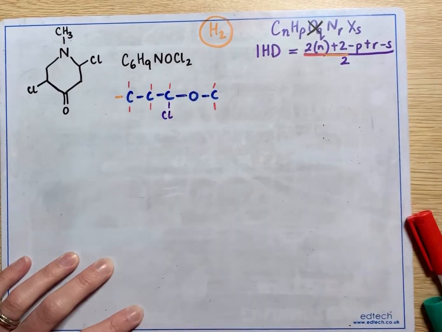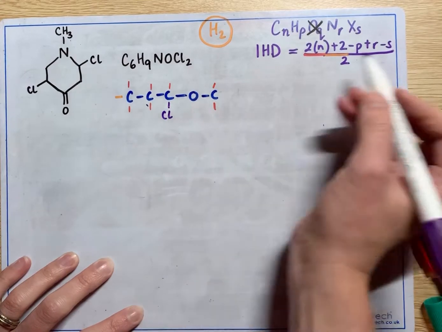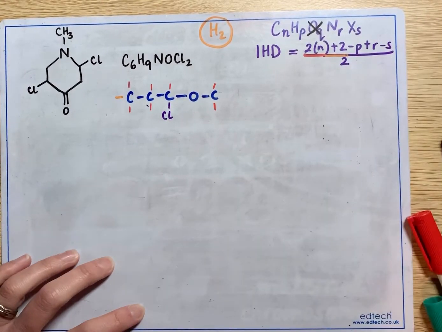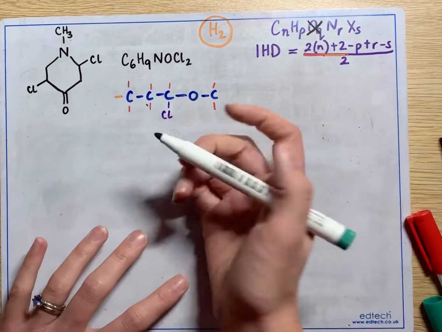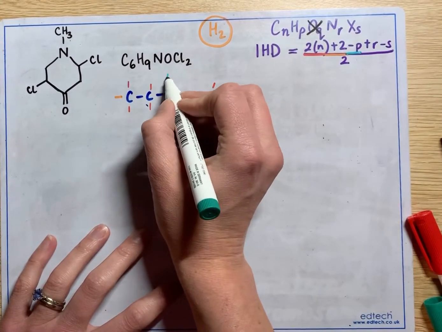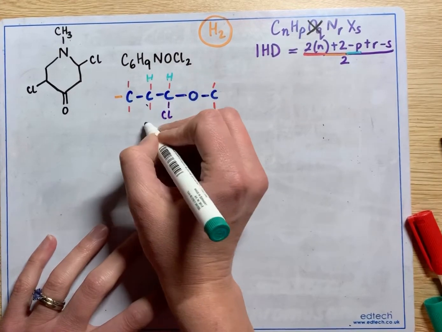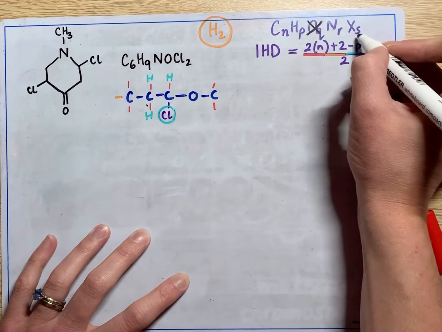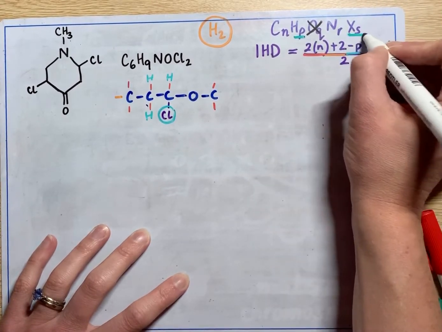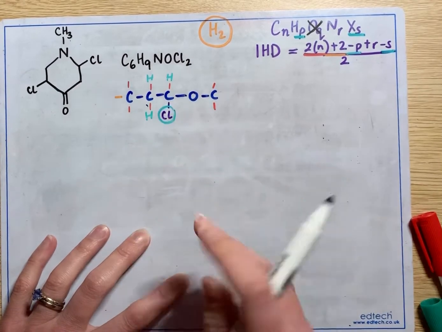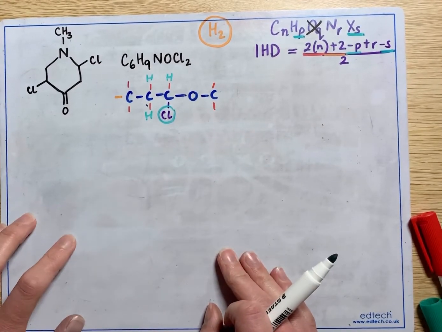So any hydrogens that we've got, we subtract here. Sorry, I'm running out of colors. That's here, any existing hydrogens that are already on this compound, or also any halogens. So that's hydrogens and halogens here. They have to be subtracted because they're not available sites on the carbons to pick up more hydrogen.